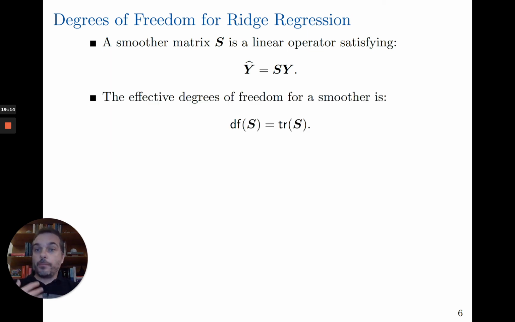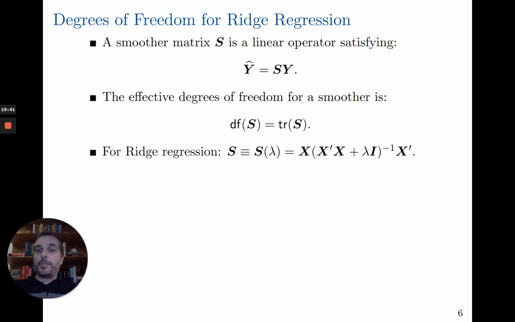And we know from statistics that the degrees of freedom of a smoother is the trace of the smoother. Of course, this is a matrix operator, so we just compute the trace of this matrix.